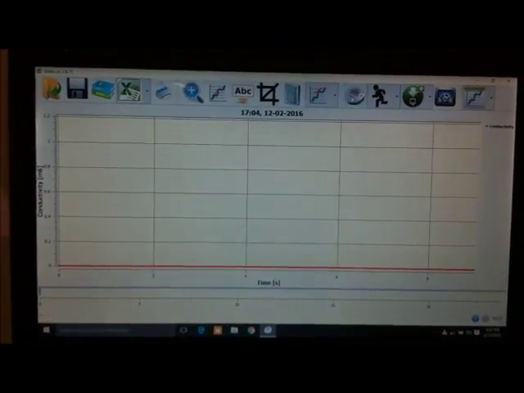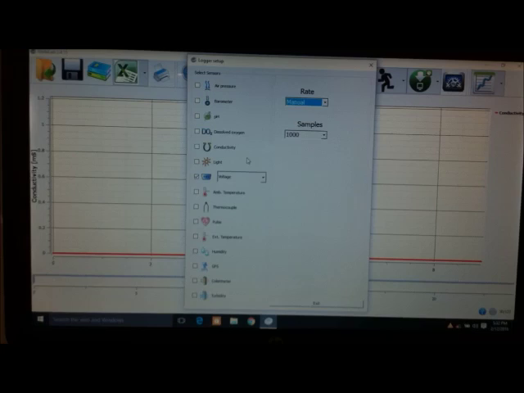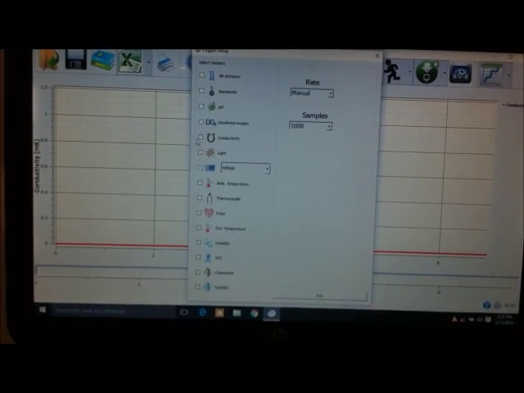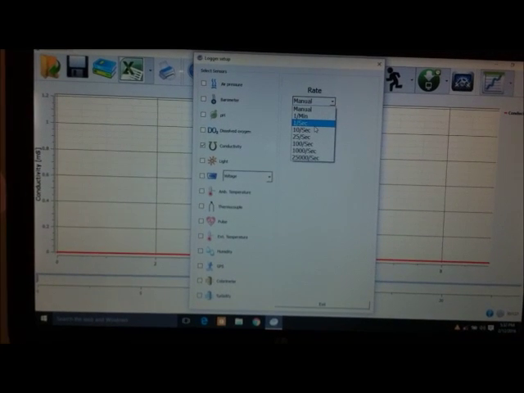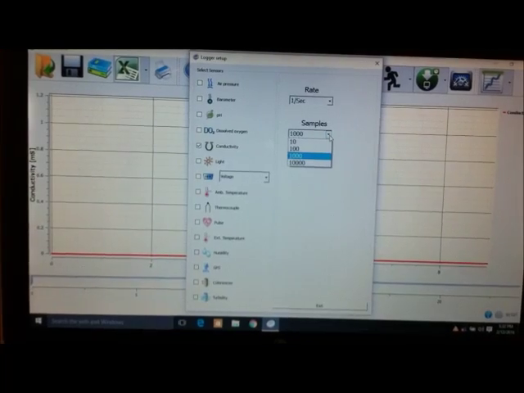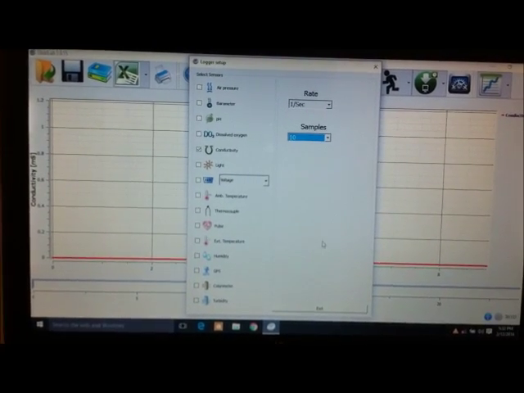And then we have to set the software to conductivity, having a rate of 1 per second, and then setting 10 samples.